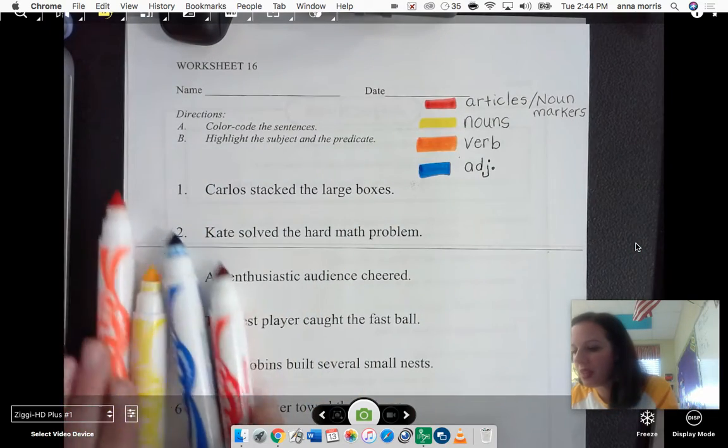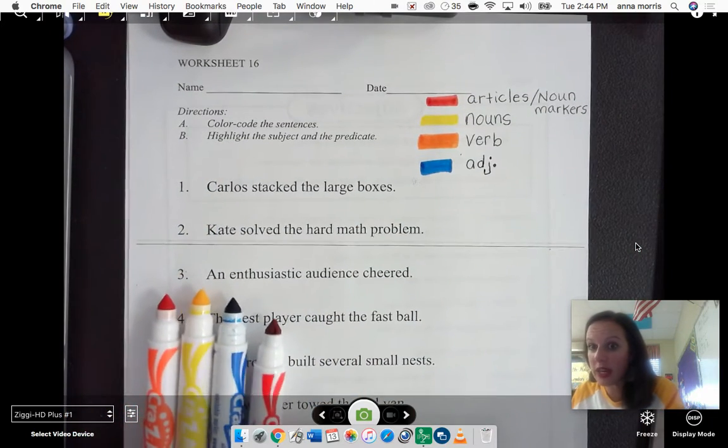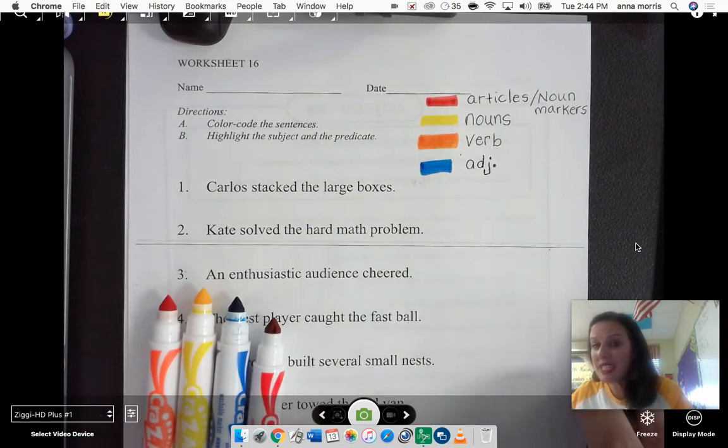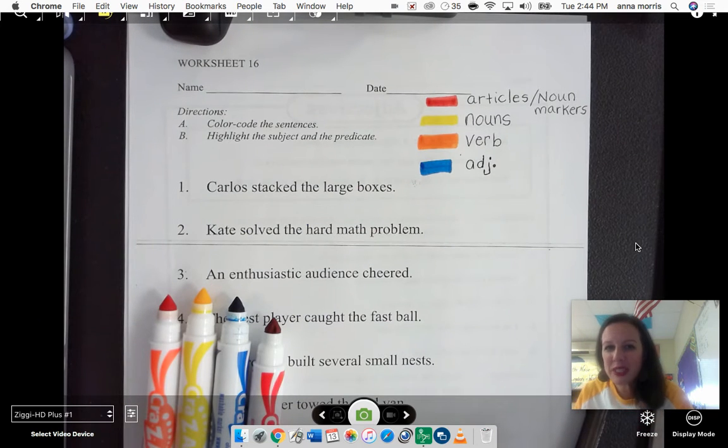Okay, now that we've got our key right here, I'm going to introduce to you our red color. So pretend that you're at a railroad track. If you were driving up to a railroad track, a light would start to flash that a train was coming through, okay? And that's a flashing light.